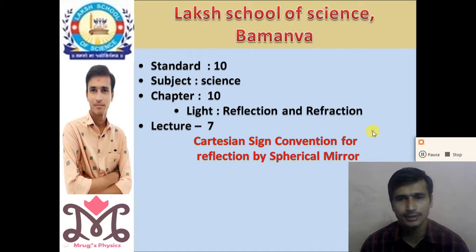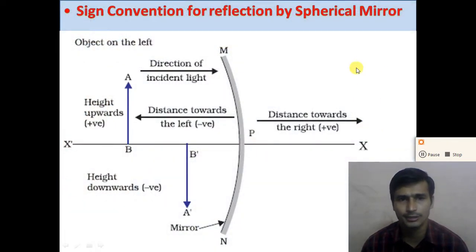So let us discuss the new sign convention of the mirror. This sign convention is applicable for both types of mirror, concave mirror as well as convex mirror. For example, here we take a concave mirror. The center of the mirror is called the pole.